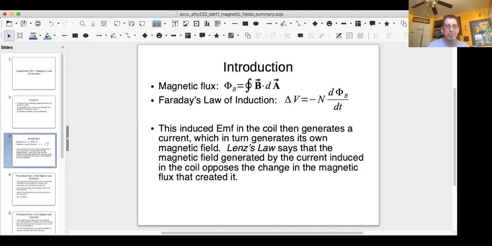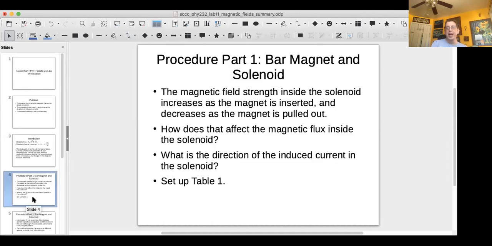In the first part of this experiment, we're going to take a look at that. It's a very simple experiment, and it's basically one of the ones that Faraday himself did initially: you take a bar magnet and insert it into and out of the solenoid, and you make note of the direction of the induced current as the motion is going on.